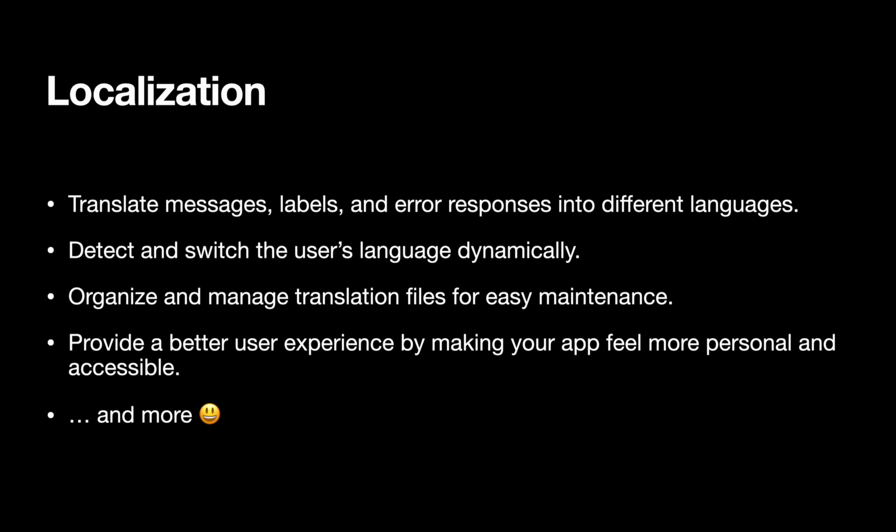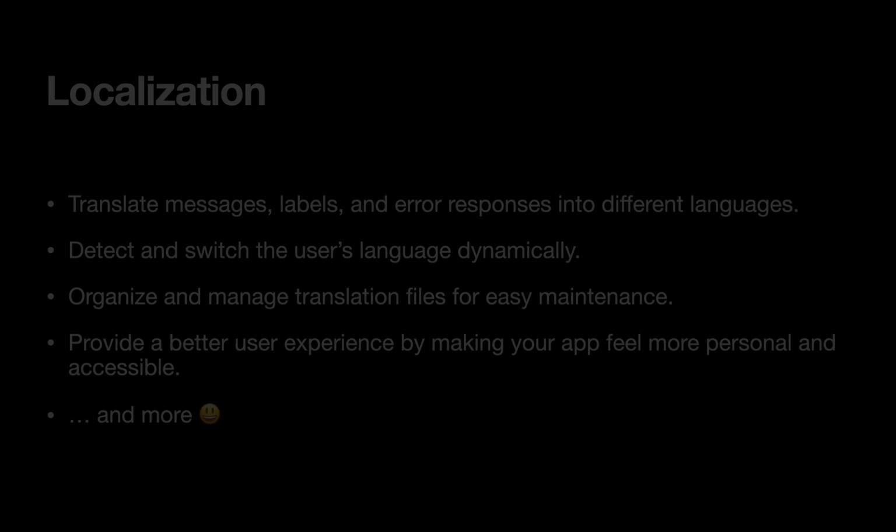With localization, you will be able to translate messages, labels, and error responses into different languages, detect and switch the user language dynamically, organize and manage translation files for easy maintenance, and provide a better user experience by making your app feel more personal and accessible. By the end of this section, you will understand how to implement i18n in Express and structure your translations and make your project ready for users all around the world.